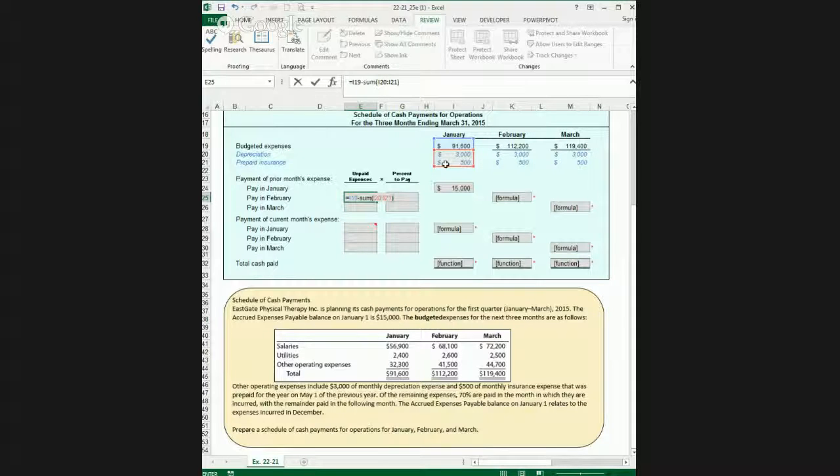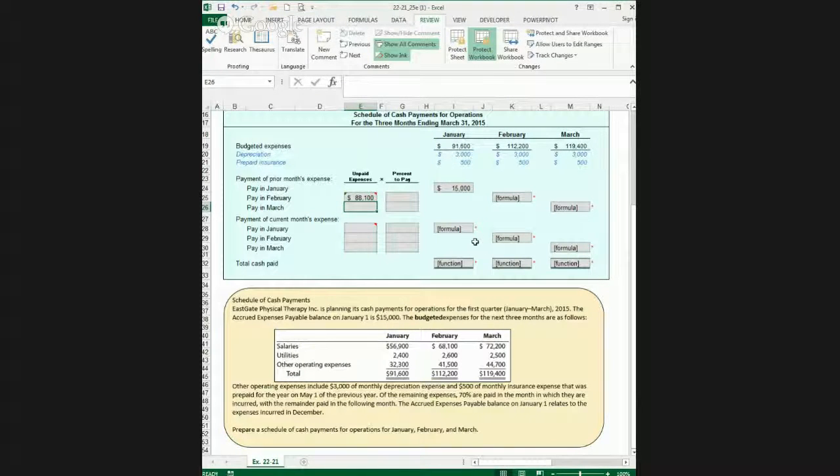So referring to I-19 less the sum of I-20 and I-21, which would be the non-cash expenses, would be the cash expenses that the month of January would have incurred. Pushing enter gives you the solution.